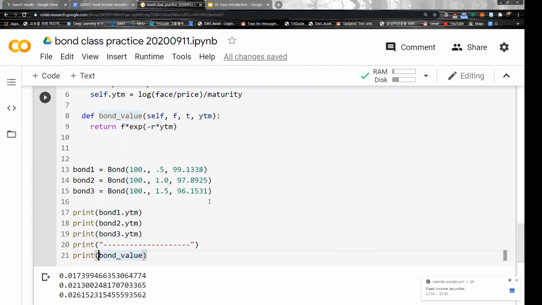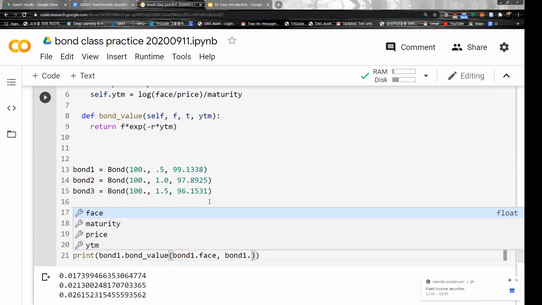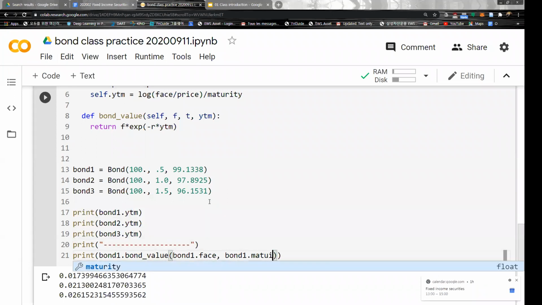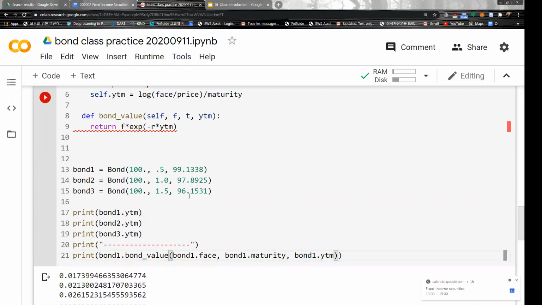Bond one's bond value, in which the arguments I need are bond one's face value, and then the second one is maturity. Third one is bond one's YTM, which we know, and then we print it out.